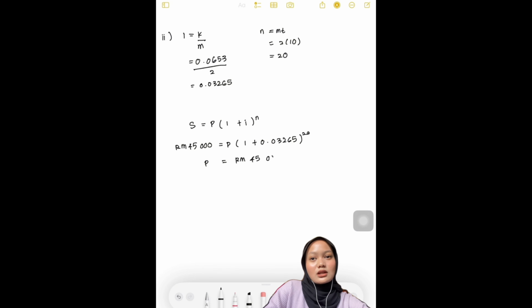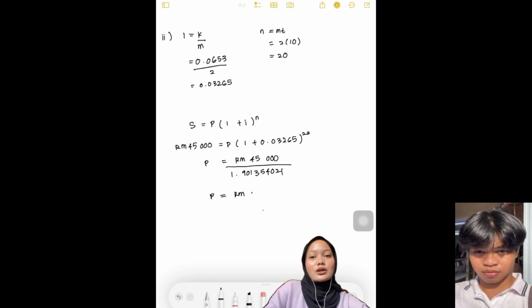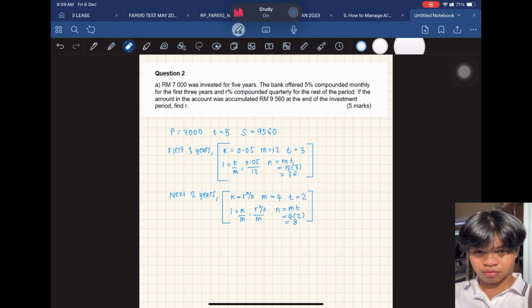P equals 45,000 over 1.901354021. P equals 23,067.34.